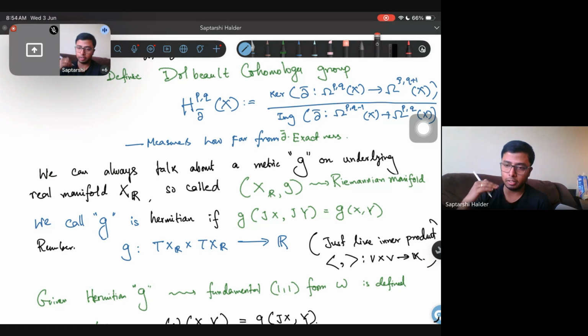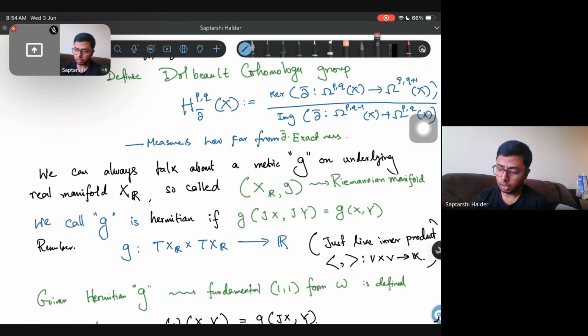Now we are stepping it up. Here we have this almost complex structure J, and it's an endomorphism. So Jx belongs to T_X, and Jy also belongs to T_X. If this criterion is satisfied, we say that G is Hermitian.